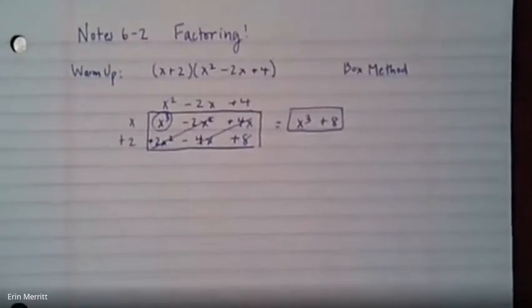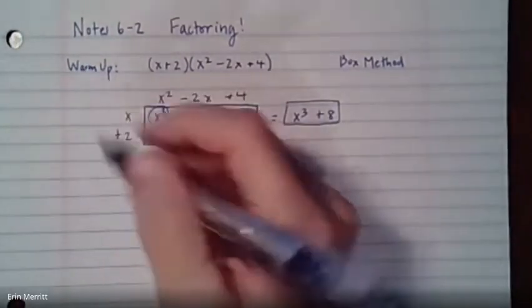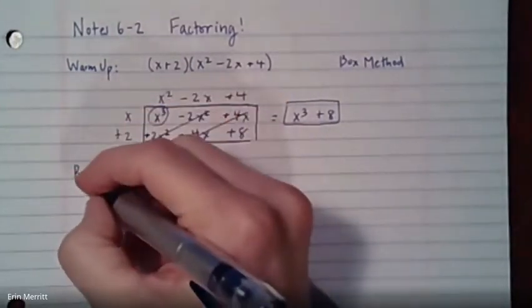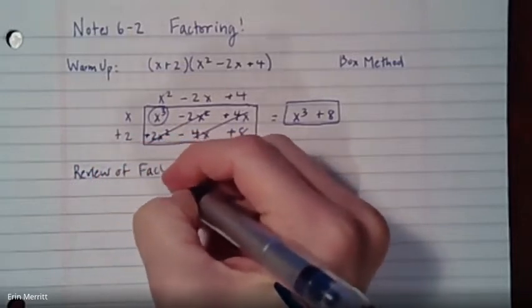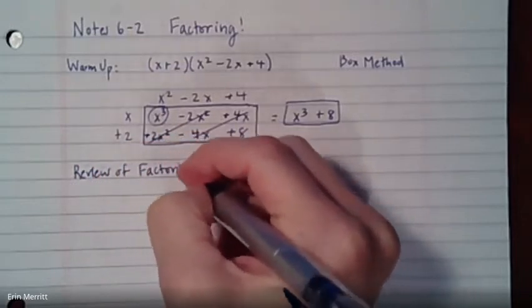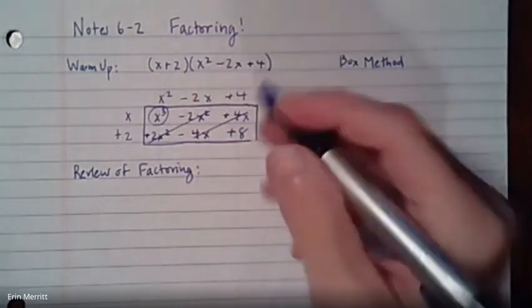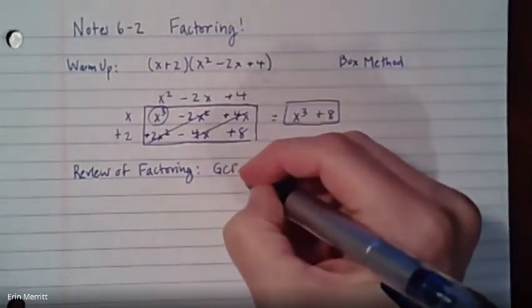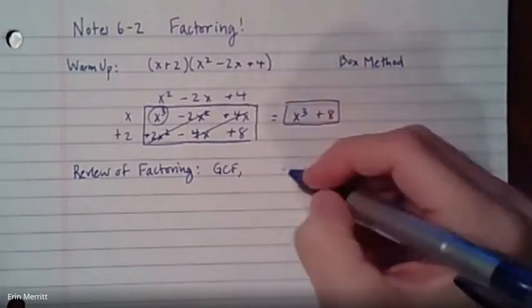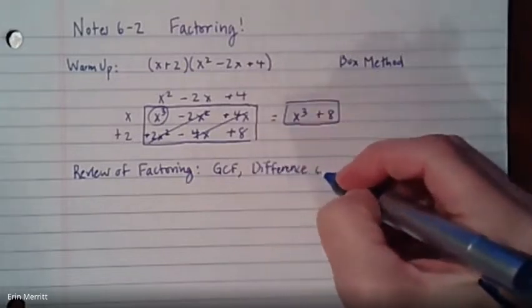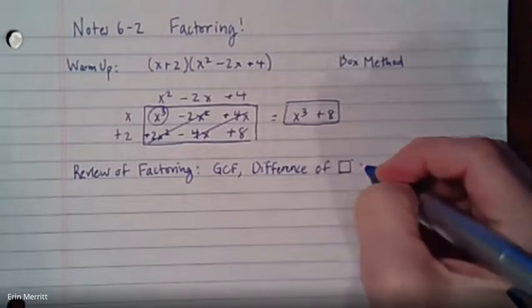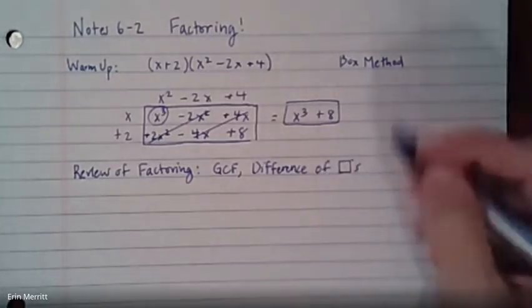All right, now let's talk about what are some of the factoring methods that you should know going into today. Well, GCF, we said, is what you always look for first. So greatest common factor. Difference of perfect squares, and I tend to just draw it with a little square there.